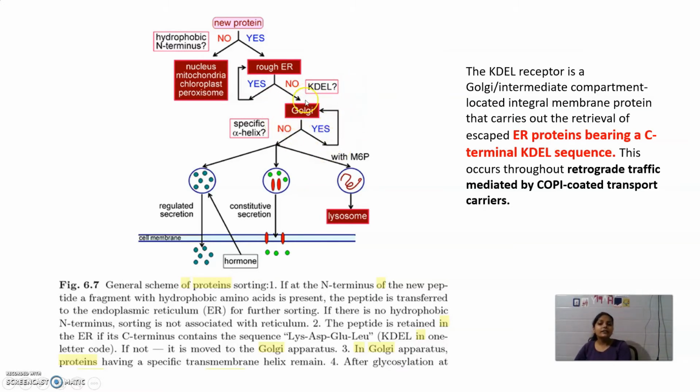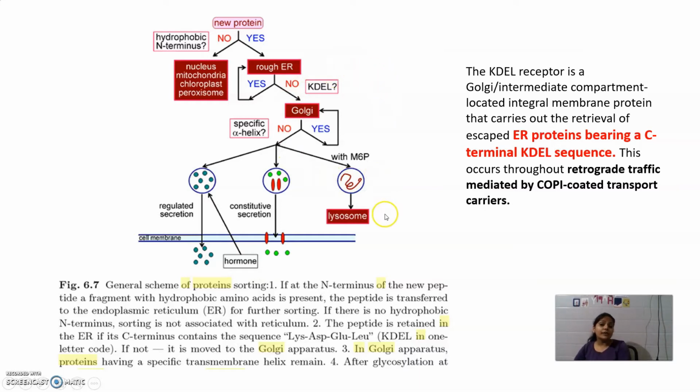So, whenever a protein is transported to the Golgi, it is checked whether it has an alpha helix sequence or not. If it has the alpha helix sequence, then it will undergo retrograde trafficking that we'll be studying in the upcoming slides. If it does not, then it will undergo regulated secretion, constitutive secretion, or attach with the lysosomes to form the endosomes.